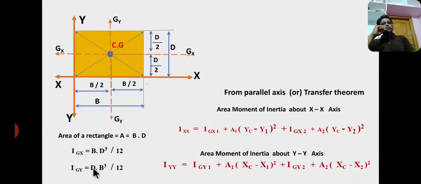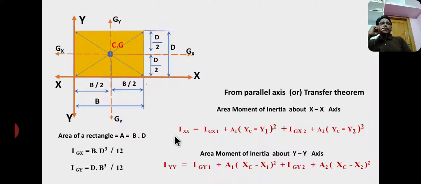Similarly, the area moment of inertia of a rectangle about the centroidal x-axis, Igx, equals BD cube by 12, and the area moment of inertia about the centroidal y-axis, Igy, equals DB cube by 12, and the area of a rectangle equals base into depth.